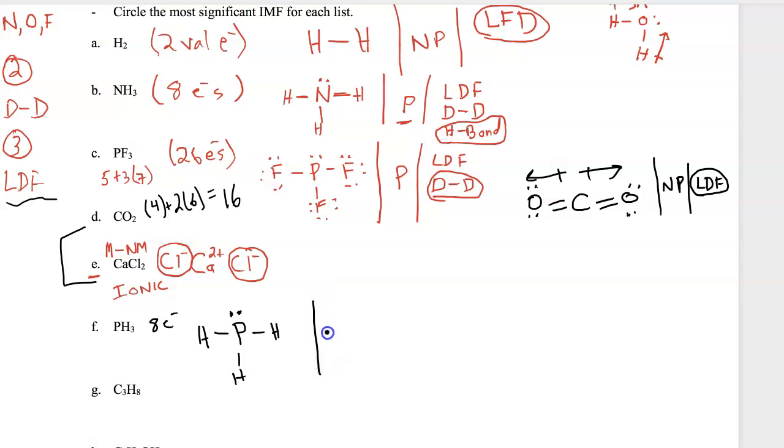You don't necessarily need to know that right now, but it's definitely going to be a polar molecule because of the lone pair on the central atom. And everything has LDF. Because this is polar, it also has dipole-dipole. So that's going to be the most significant or the strongest of the intermolecular forces.